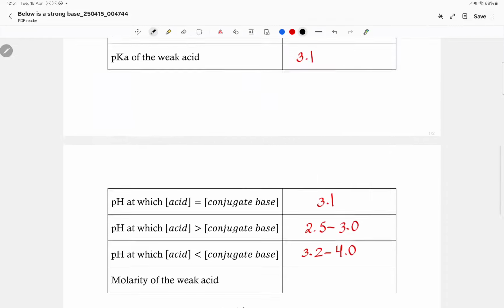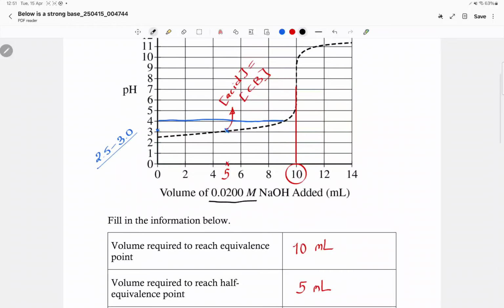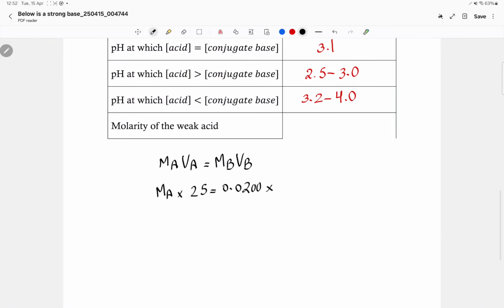And the volume of the base is how much volume is required to reach the equivalence point, which is the 10. And now, some simple math will give us 0.200 over 25, which equals 0.008 molar.